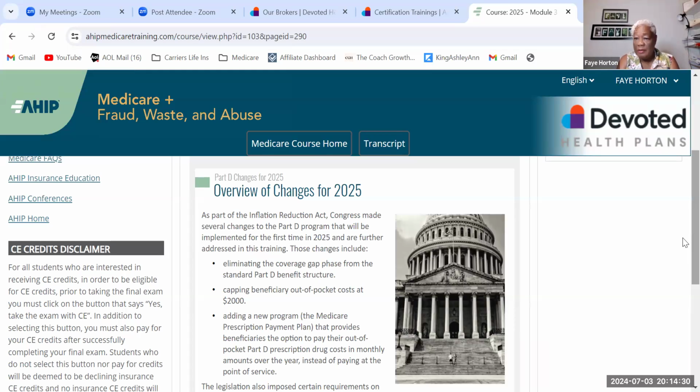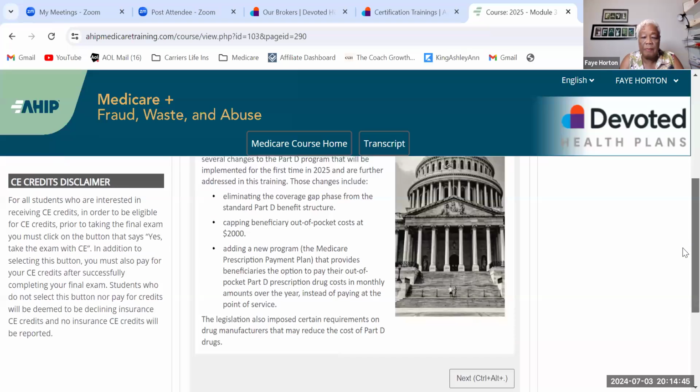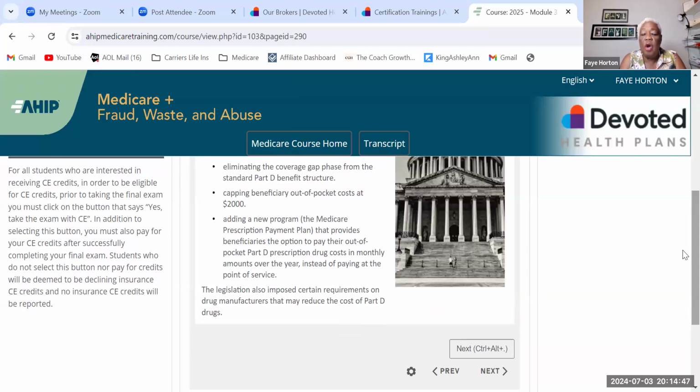There is no coverage gap. The cap for beneficiary covered out-of-pocket costs is $2,000, and they may choose to pay that $2,000 in monthly amounts. The legislation also imposed certain requirements on drug manufacturers that may reduce the cost of Part D drugs.